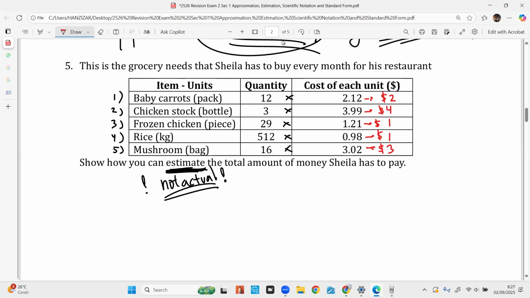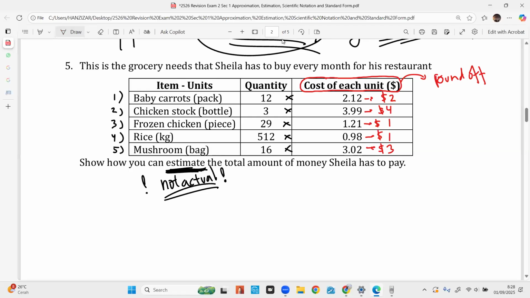If you think that the quantity doesn't have to be estimated, no problem. Because the thing that you need to round more is the cost. This is more essential to be rounded off. Round off this instead. Don't round the quantity because the quantity is still simple.